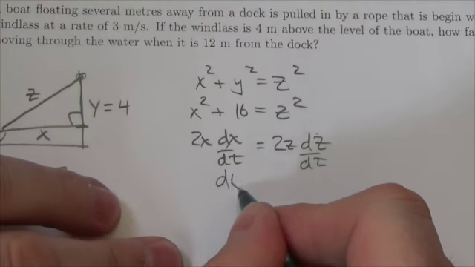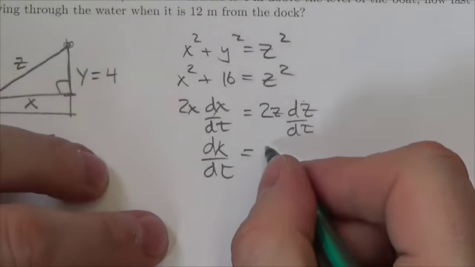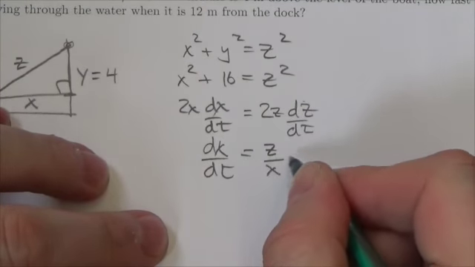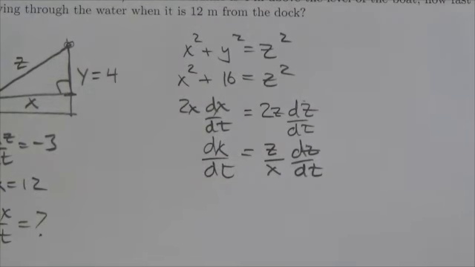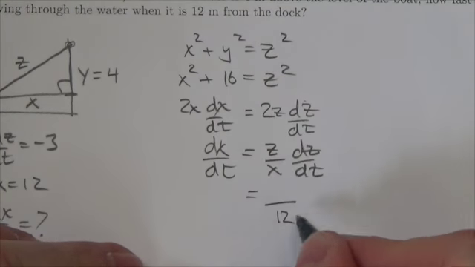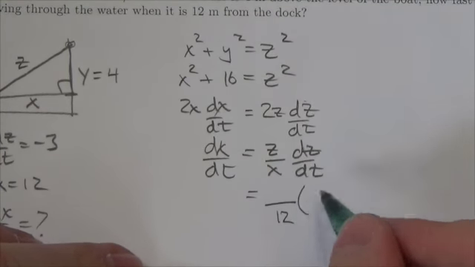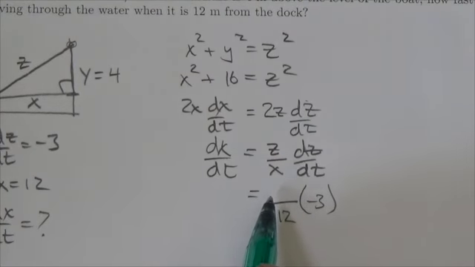We are looking specifically for dx by dt, so I'm going to divide by the 2x. So this will get me z over x dz by dt. Now I'm pretty pleased about this because I know most of this. I know that x is going to be 12. I know that dz by dt will be -3. What I don't know is what the z is up there.